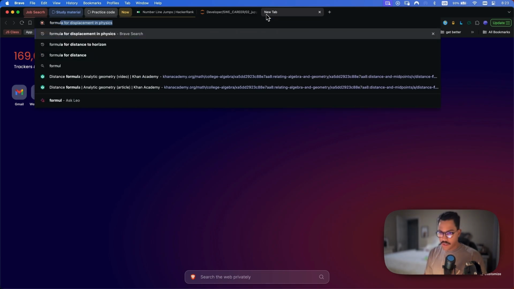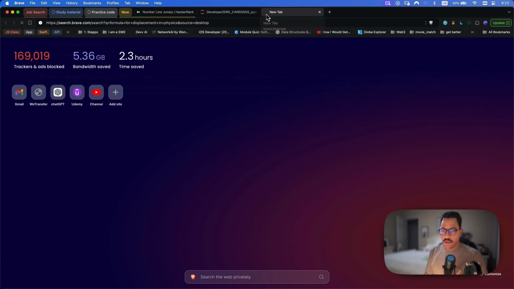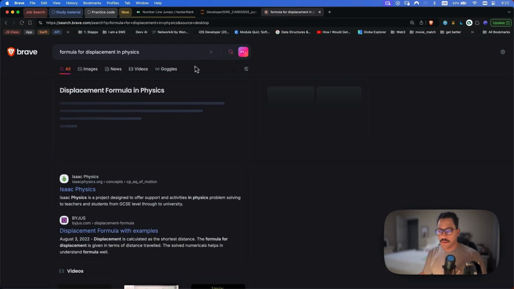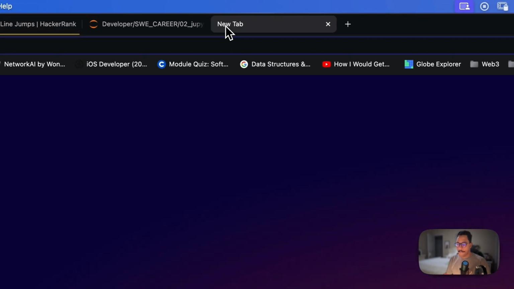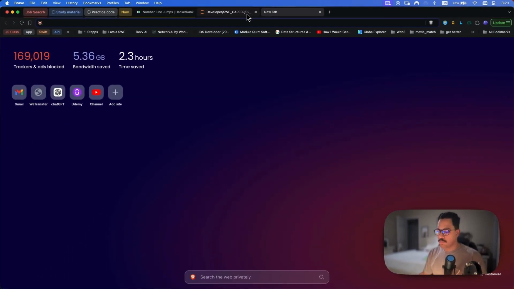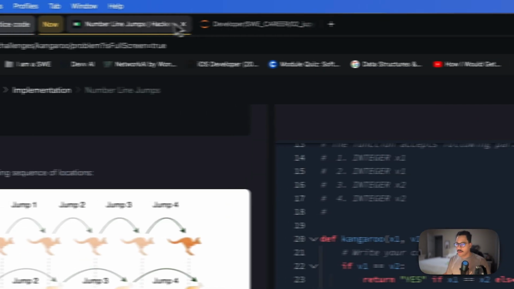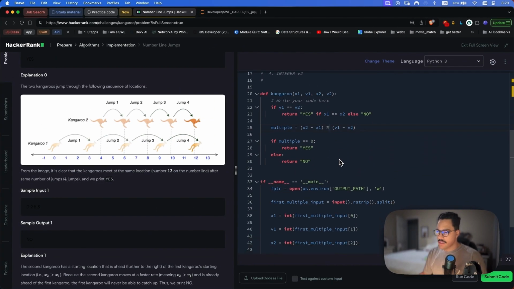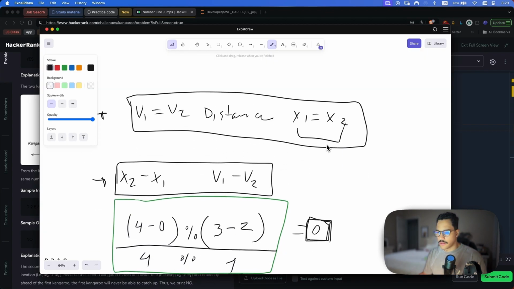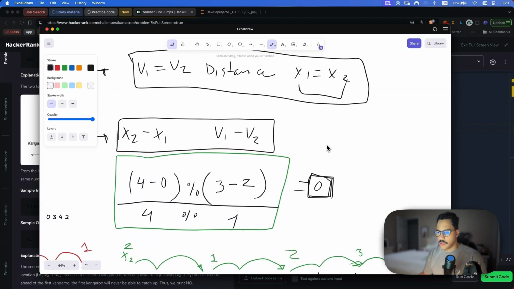Just going to say formula displacement. No, it's not formula of displacement. What am I missing? I can figure it out. Distance.